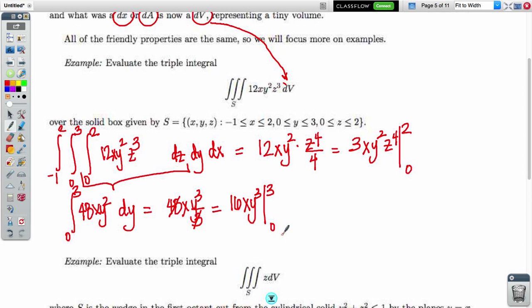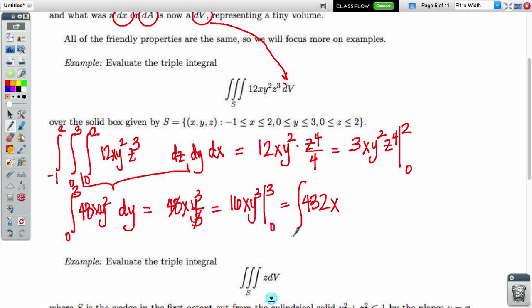Again, 0 is going to knock out the entire expression. 3 to the 3rd is 27, and I don't have a calculator here. 16 times 27 is 432. Okay, so this is 432, and x is still waiting to be integrated.